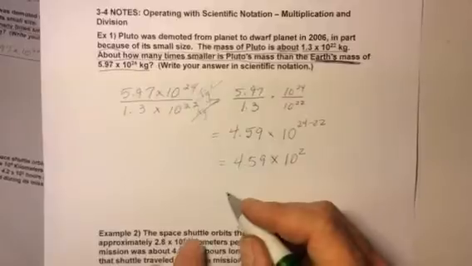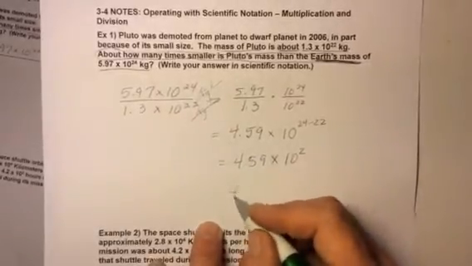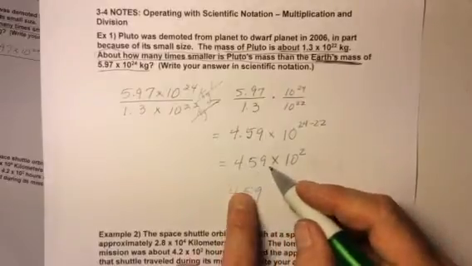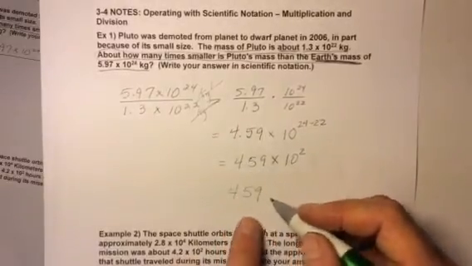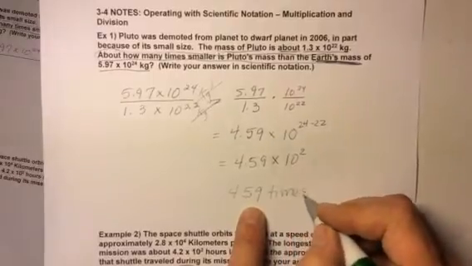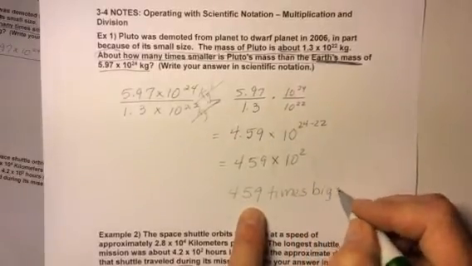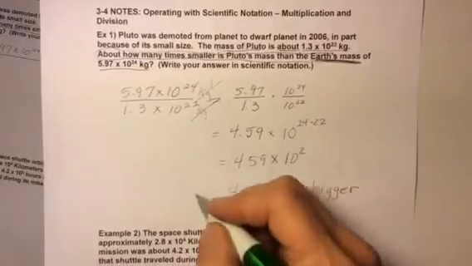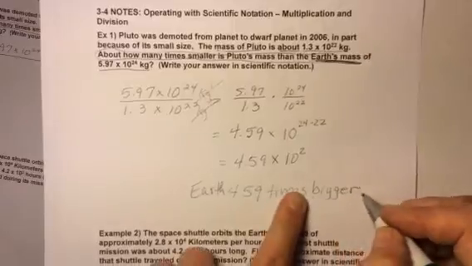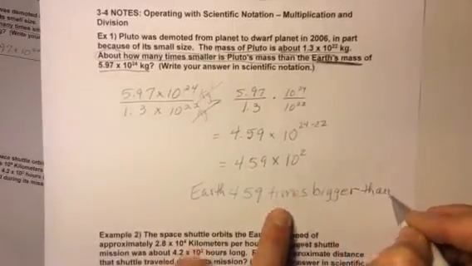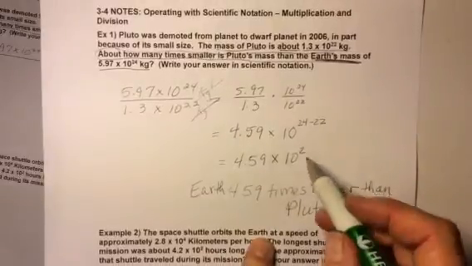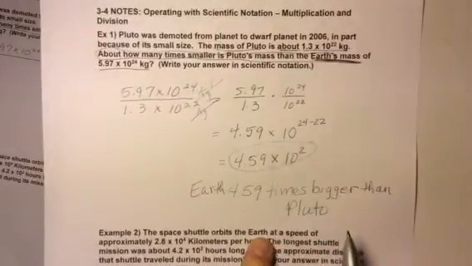And if you did want to look at what number that would be, it's 459, because if you move the decimal point over 2 by multiplying it by 100, it's 459 times bigger. Earth is 459 times bigger than Pluto. But they want the answer in scientific notation.